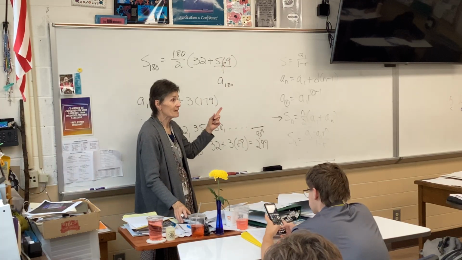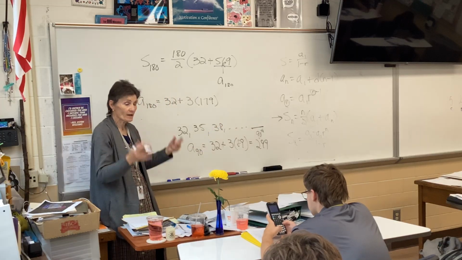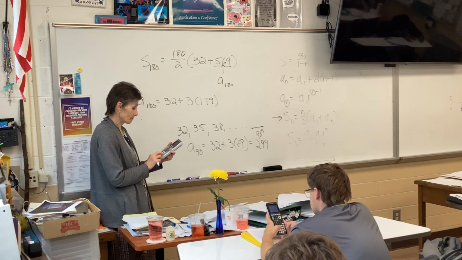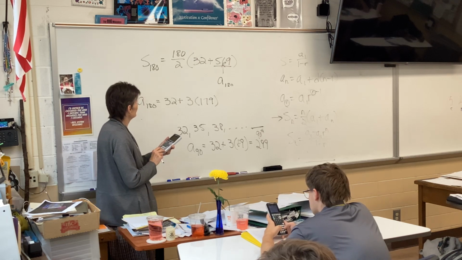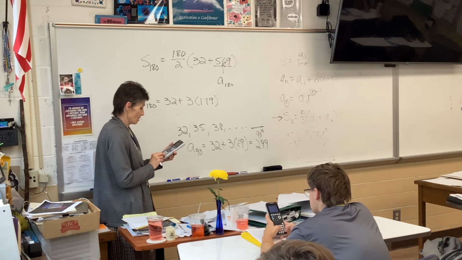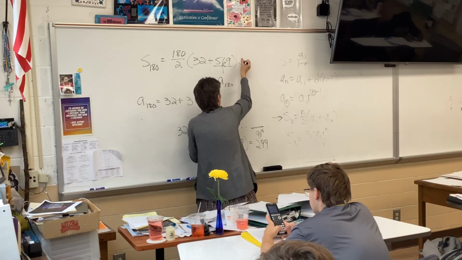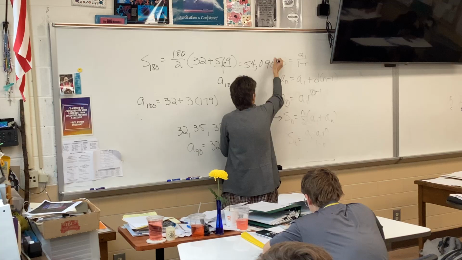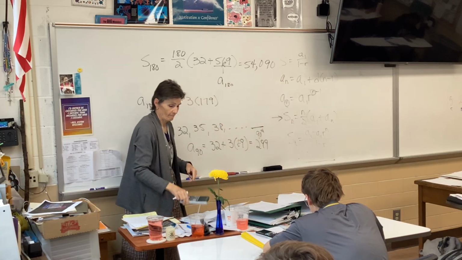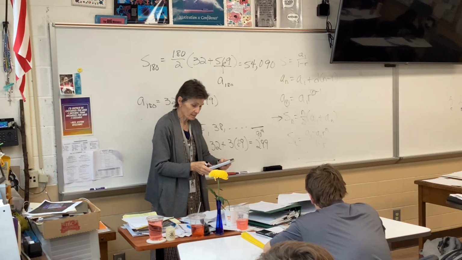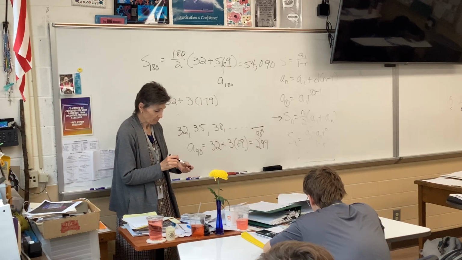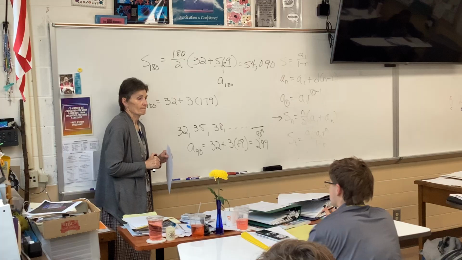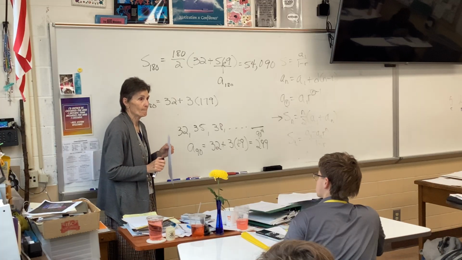That actually is how many candy kisses she eats on the 180th day. So we want to plug that in, add it to 32, multiply. Now even I could do this, I don't think. 54,090. That's how many candy kisses she would have eaten in 180 days. That would cost a lot.